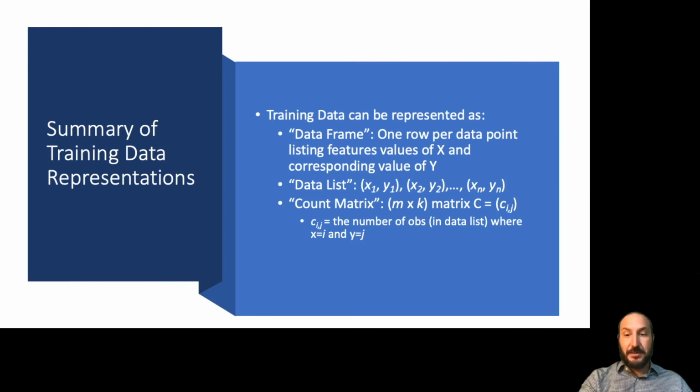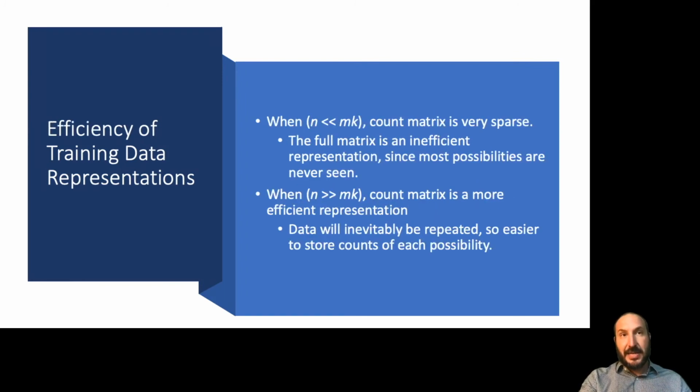One perspective I want to give is that the efficiency of these representations really depends on the relative sizes of n and m times k. When n is much smaller than m times k, what does that mean? That means the number of things we've seen, our training data, is a small fraction of the number of possibilities of things we could potentially have seen.